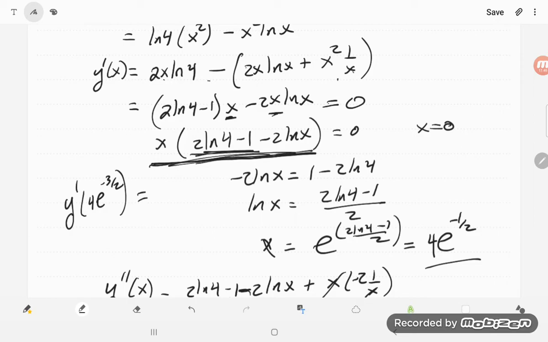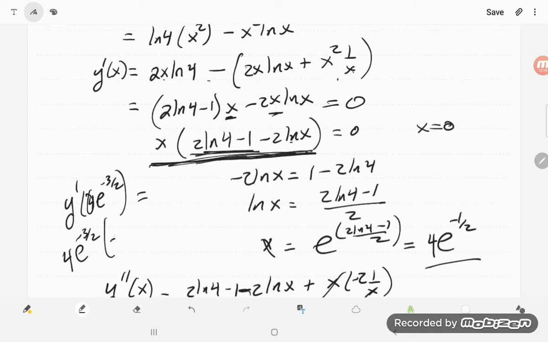Well, that's here. And again, the key is I'm going to get that 2 log 4 of all this. And so the x, right, is 4e to the -3/2. So I have that. So that's positive. And then this 2 log 4 is going to cancel out with that 2 log 4.